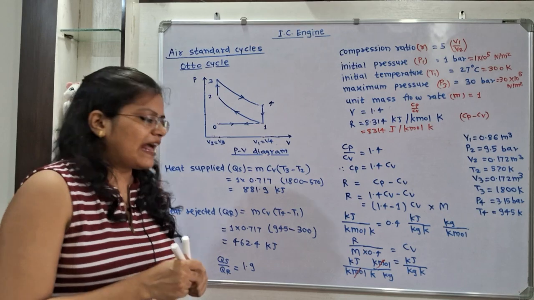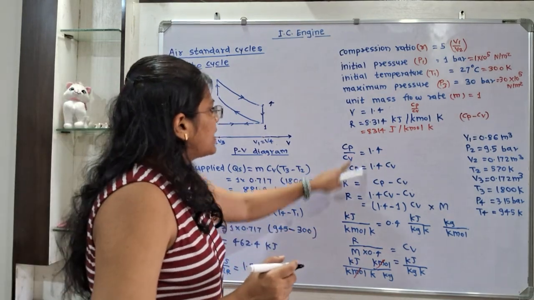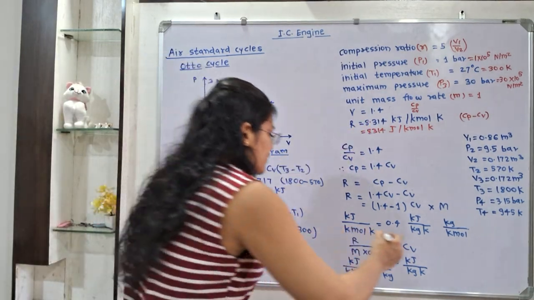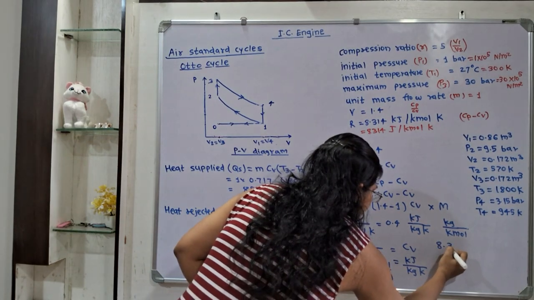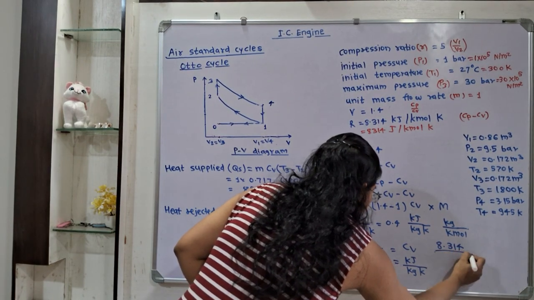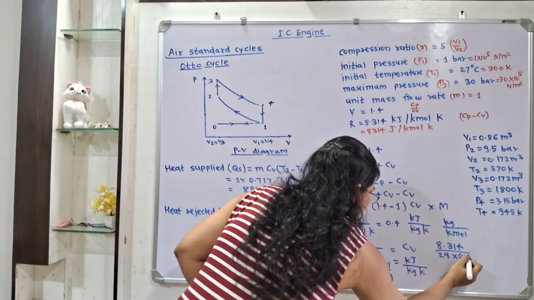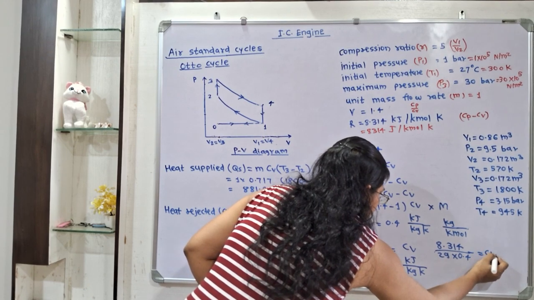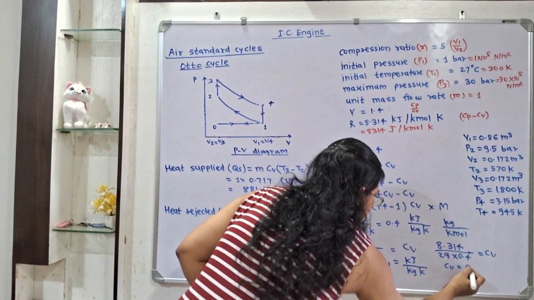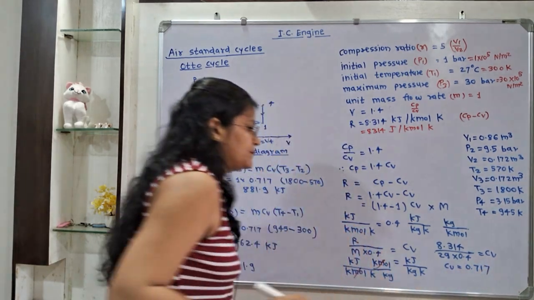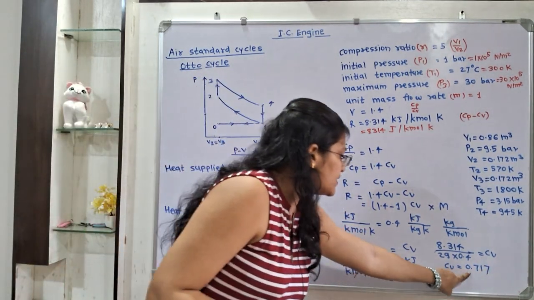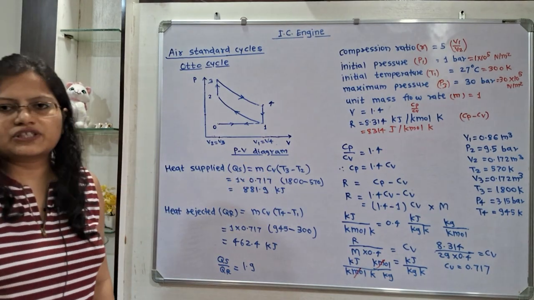Now we will put the values. So R is 8.314 divided by M, which is 29, multiplied by 0.4, which is equal to Cv, and Cv is equal to 0.717. So this is the value of Cv we will put in the calculation.